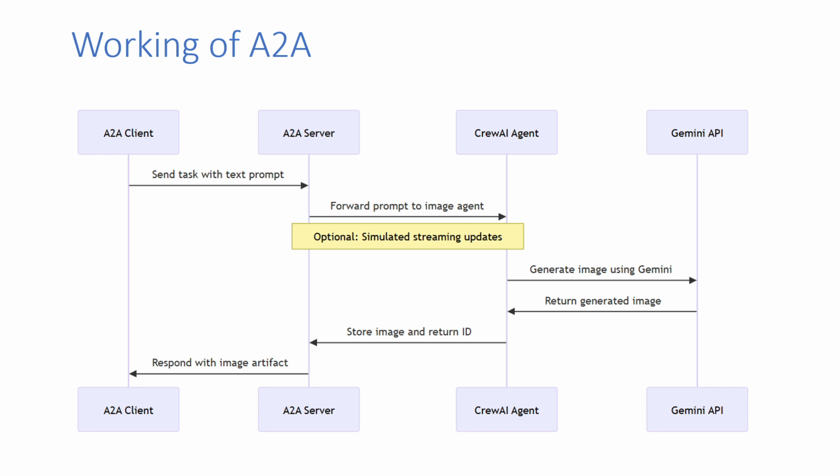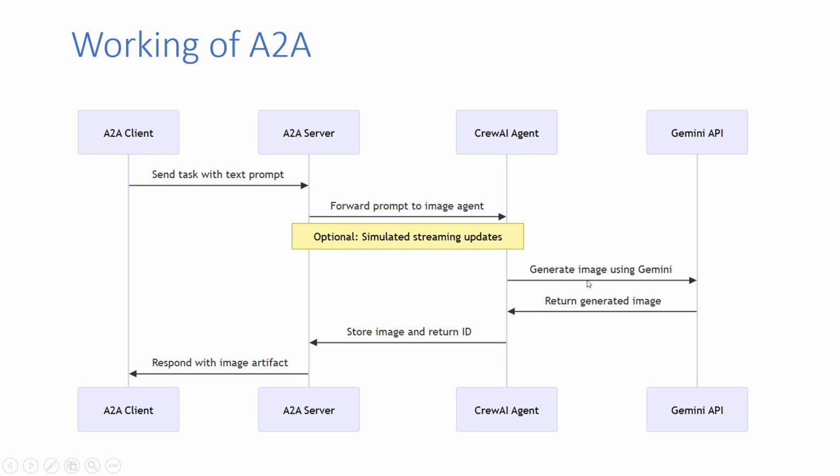Let's have a look at a short example of how the A2A protocol would work in a real-life scenario. We have an A2A client, which has a text prompt, and it needs an image from the text prompt. This prompt is forwarded to the image agent, which is a Crew AI agent here, via the A2A server.